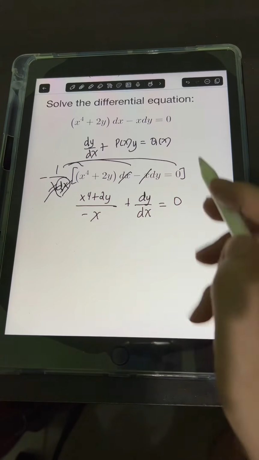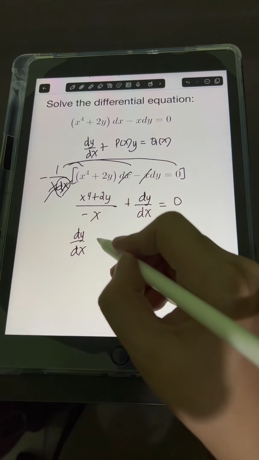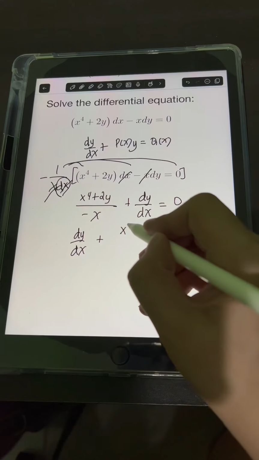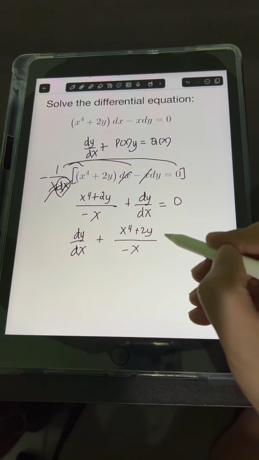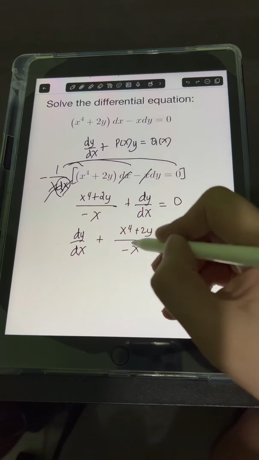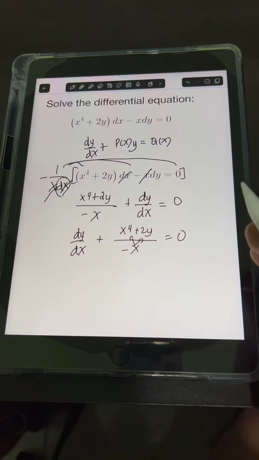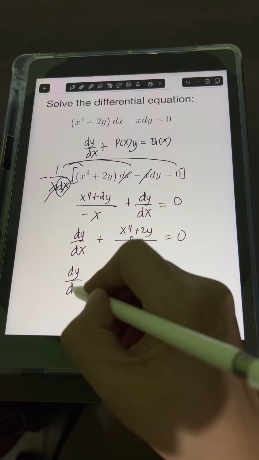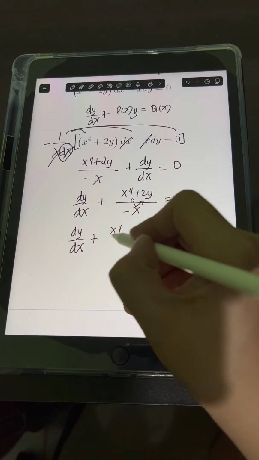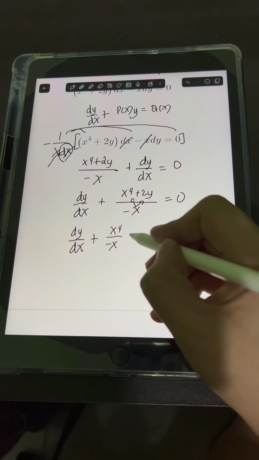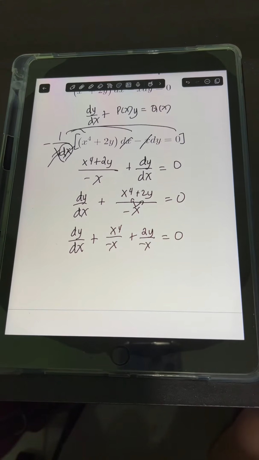So let's just rearrange the terms. I'll write first the dy/dx, then plus (x⁴ + 2y)/(−x) equals 0. If we distribute this −x, dividing each term in the numerator by −x, we will have dy/dx + x⁴/(−x) + 2y/(−x) = 0.